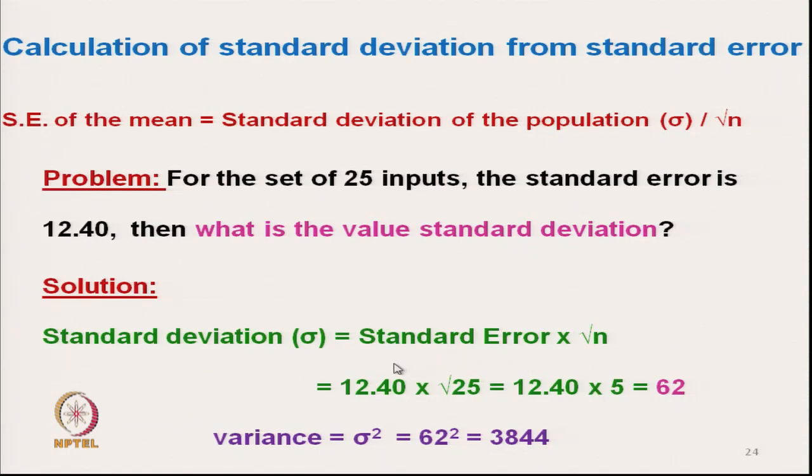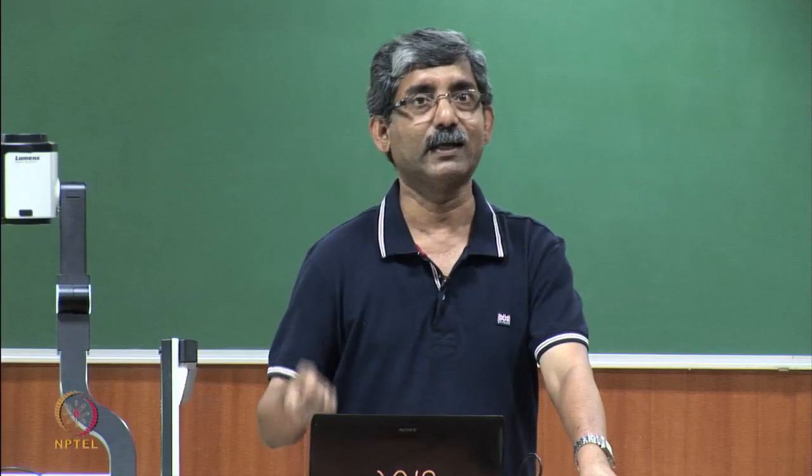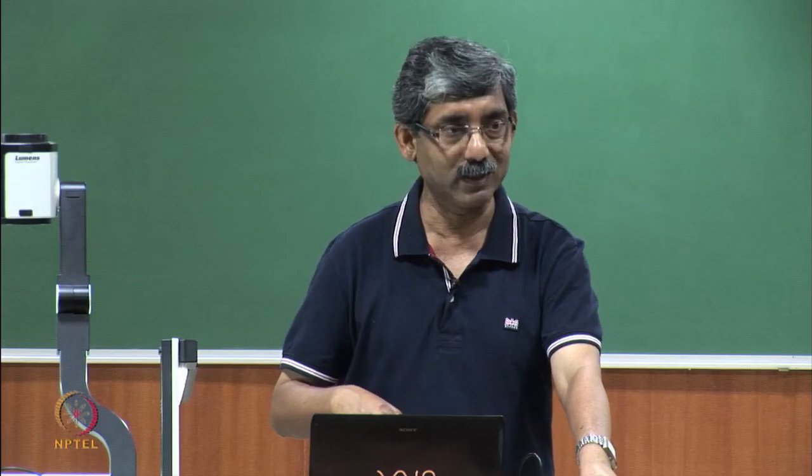So, 12.4 multiplied by under root 25 comes out to be 62. So, 62 is the standard deviation of population, and if we want variance, it is the square of this value. If we know the standard deviation of population, we can calculate the standard error of mean or vice versa.